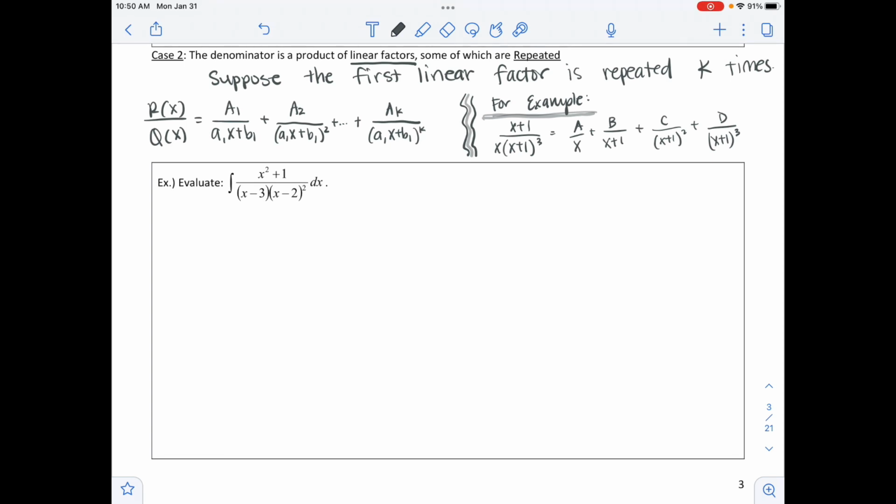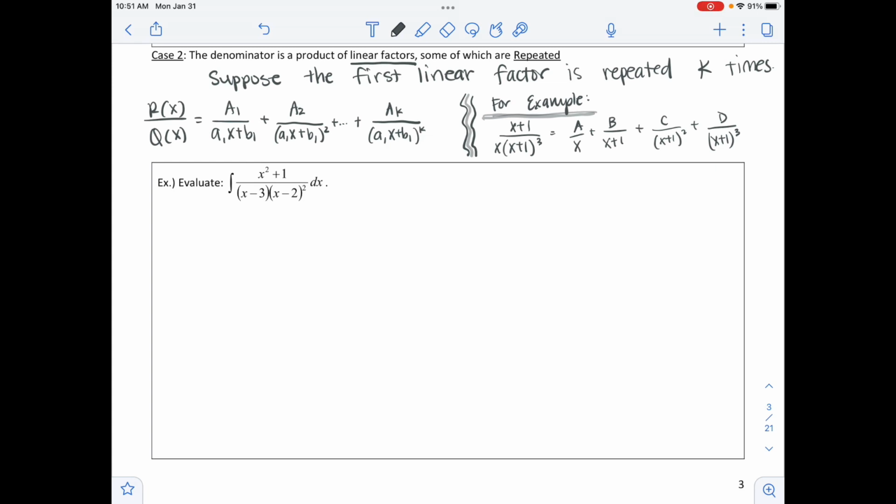The example right below says evaluate the integral of x squared plus 1 over x minus 3 times x minus 2 squared dx. So first of all, in the denominator, I have x minus 3 times x minus 2 squared, and that would work out to being with the largest degree of x cubed. And so you'll notice that the degree in the numerator is smaller than the degree in the denominator, so long division is not applicable for this problem.